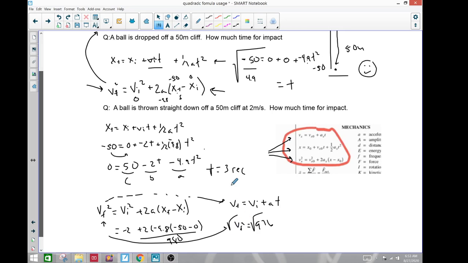I'm going to square root the previous answer, and I'm getting velocity final, VF, equaling 31.2 meters per second. All right, let me plug it in here. Okay, I'm going to re-solve this for time. So VF minus VI divided by acceleration gives me time.